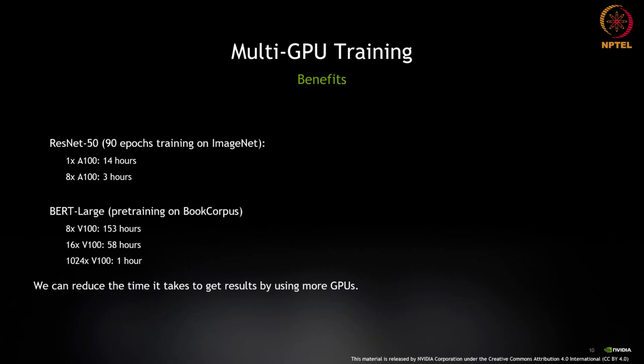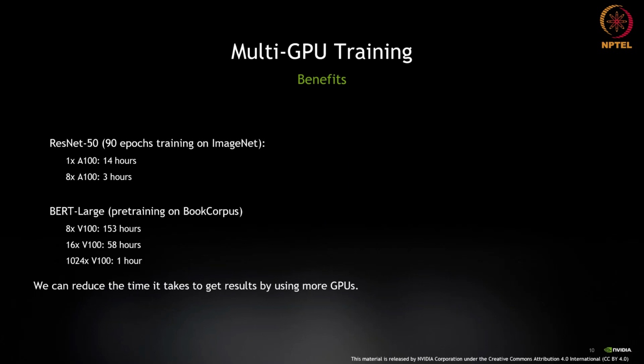If you see a number here, if I were to train ResNet 50 for 90 epochs on the ImageNet dataset, one A100, which is our latest generation architecture called Ampere, takes around 14 hours to train on the overall data set.